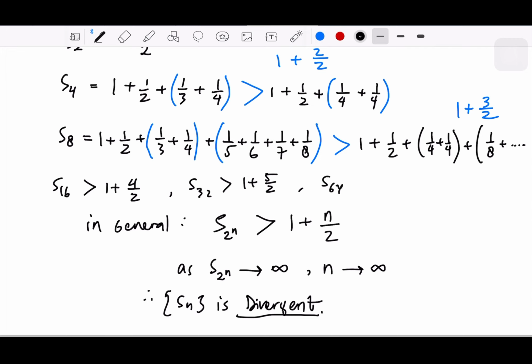And as 64, greater than 1 plus 6/2, and so on and so forth. So this is the case for a harmonic series.